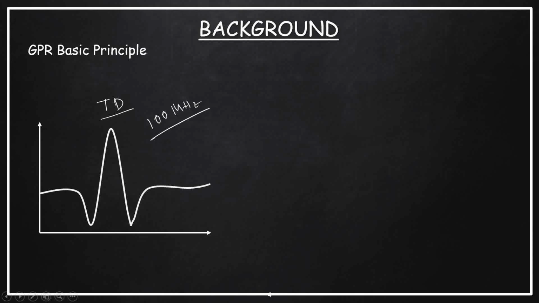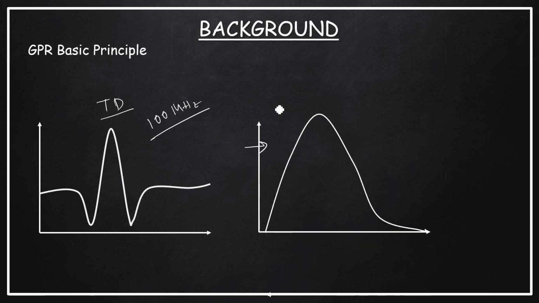Now if I convert this waveform into the frequency domain, then you can see that it is giving you a bell-shaped curve, where there is a peak, and this peak will be termed as FC. What is FC? FC is the center frequency, which will be equal to 100 megahertz.